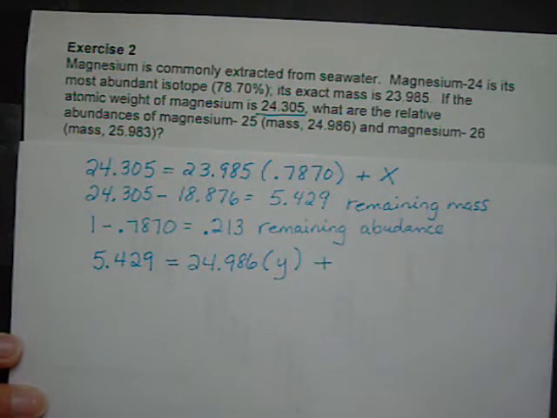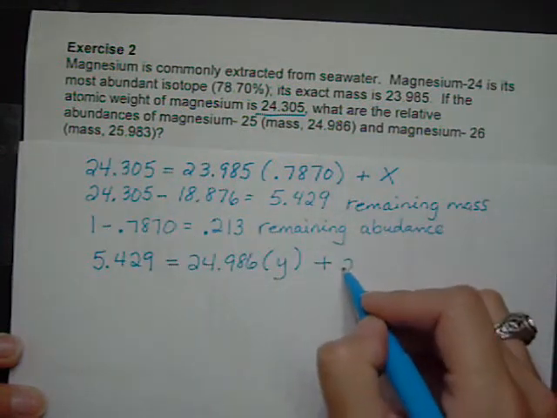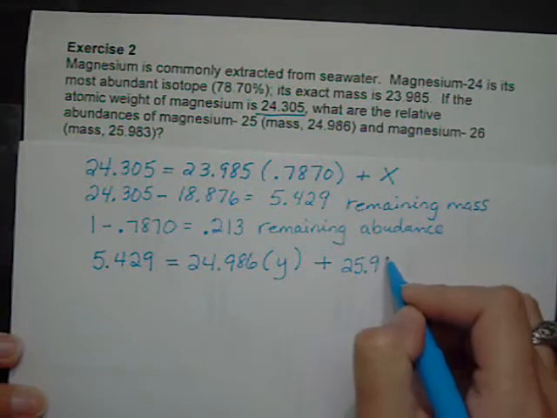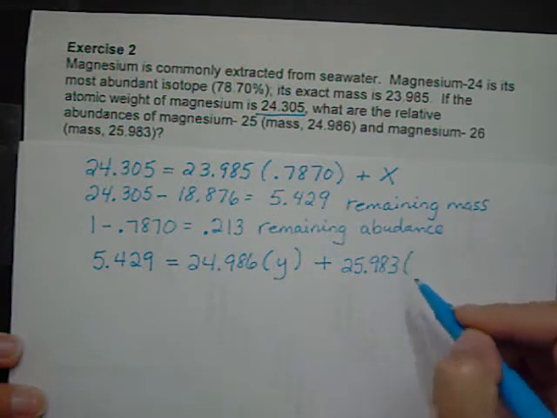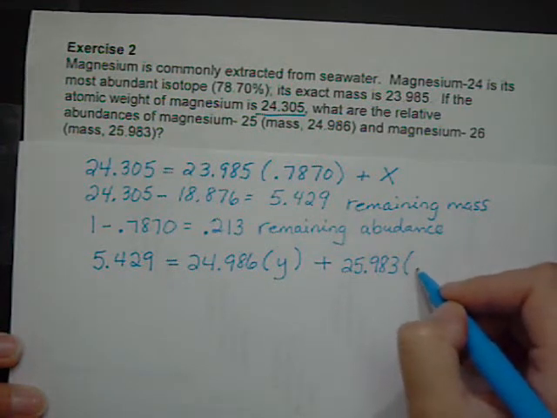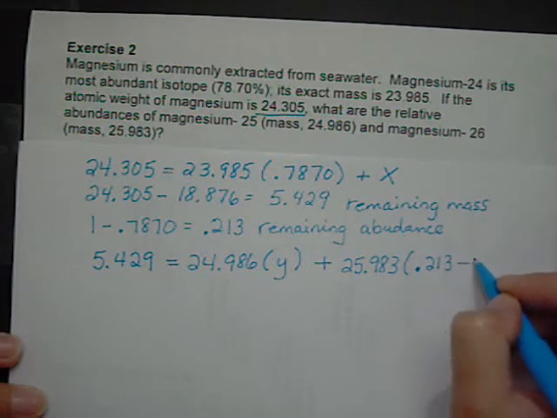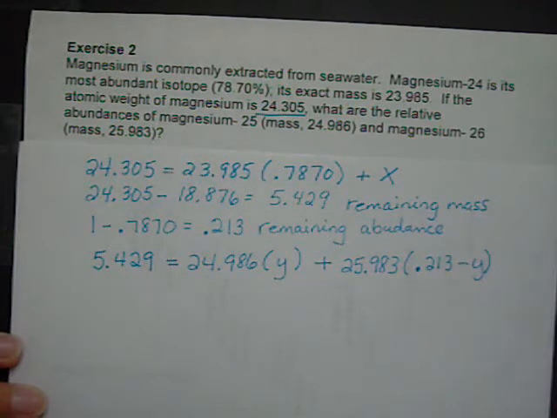And then I have to add to that the abundance of magnesium 26, so that's 25.983. Now I can only have one variable in here, so I'm going to use my remaining abundance, 0.213 minus y. So that's what I have left. Now I'm going to solve this equation for y. You can do that now as well.